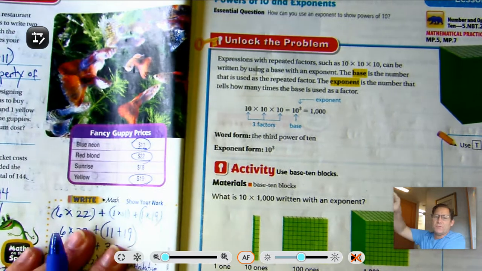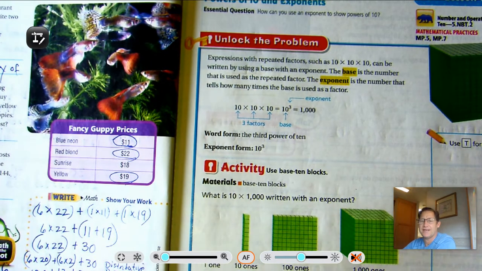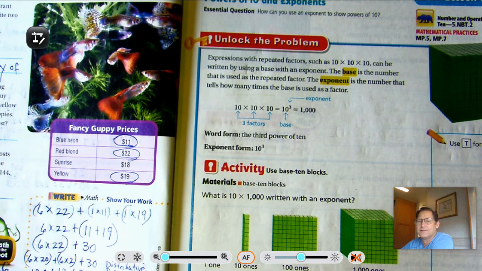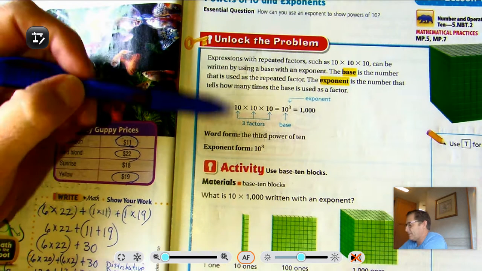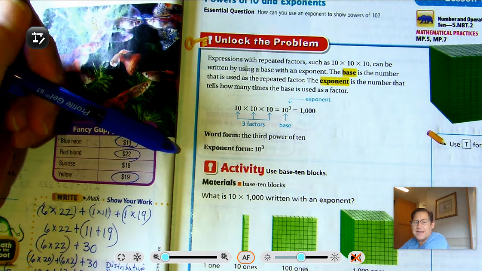So expressions with repeated factors, such as 10 times 10 times 10, can be written using a base with an exponent. The base is the number that is used as a repeated factor. The exponent is the number that tells how many times the base is used as a factor. So in the example at the top, 10 times 10 times 10, there's 3 factors of 10.